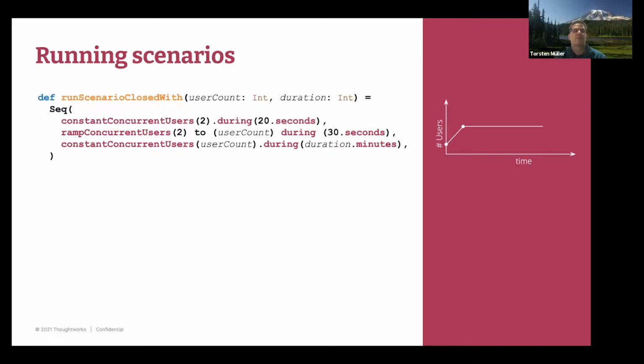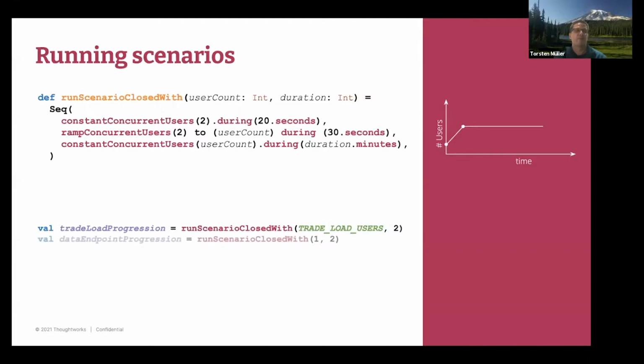So not that big, but I thought this might be interesting for people to see. So if we're looking at this now, we have our run scenario closed with, and this allows us now to reuse the same scenario for multiple different request scenarios, as we've seen before. So here we're using the method that uses a constant number of concurrent users and runs it for 2 minutes.